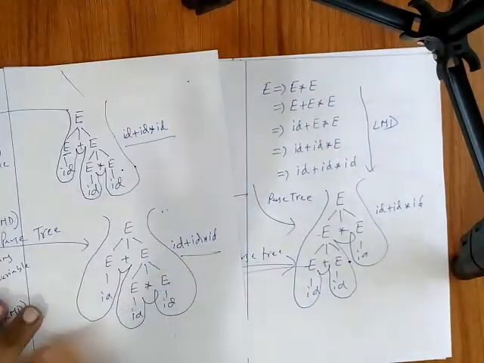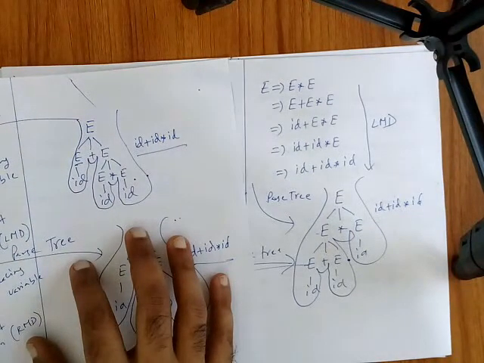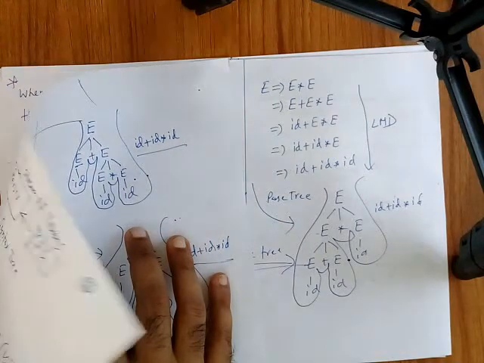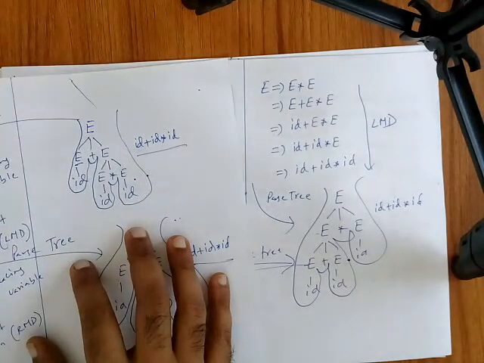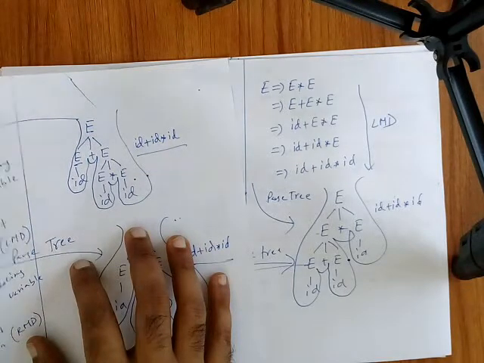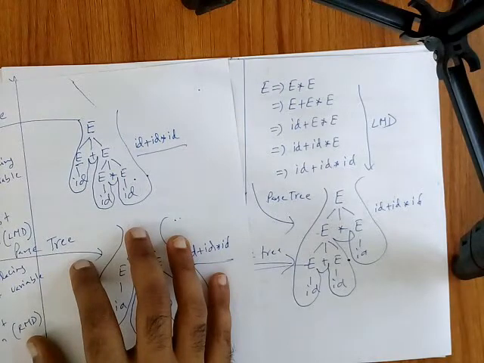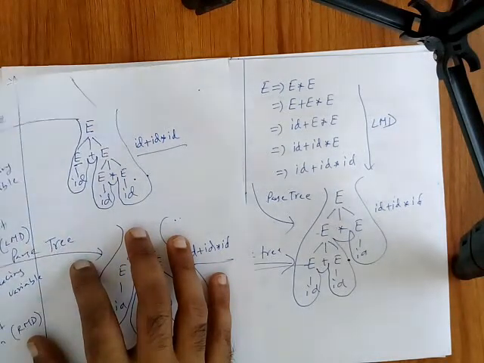How come two LMDs are always the same? How can you say that? If there is a parse tree, yes, you can create an equivalent LMD and RMD. But that does not mean all the LMDs are the same.